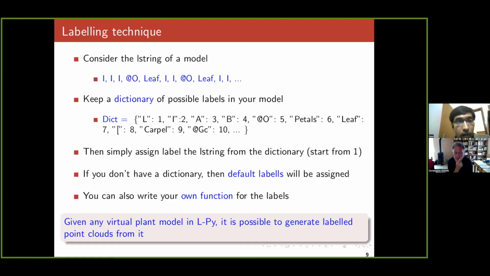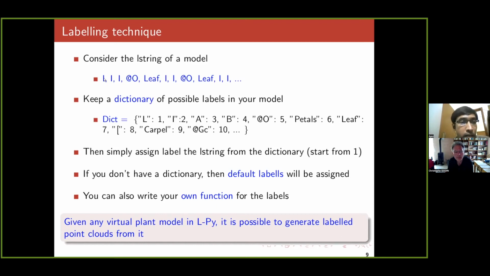So how do we do the labeling? I'm not going into the details of how we do the point sampling, but from a user's perspective, how do we do the labeling? Consider that these are the L-strings of a geometric plant model.